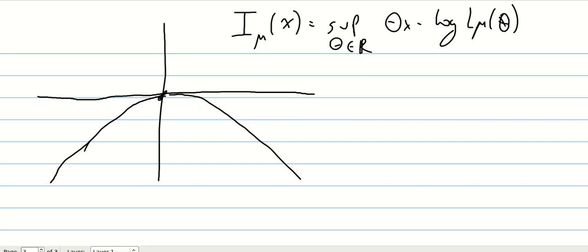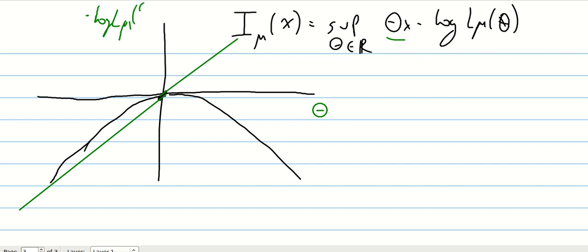Intuitively speaking, we fix some x. So for example, x could be 1. So we have this line here, and this line represents this function, theta x. Here we have theta, right? And here we have minus log of the Laplace transform of mu at theta.